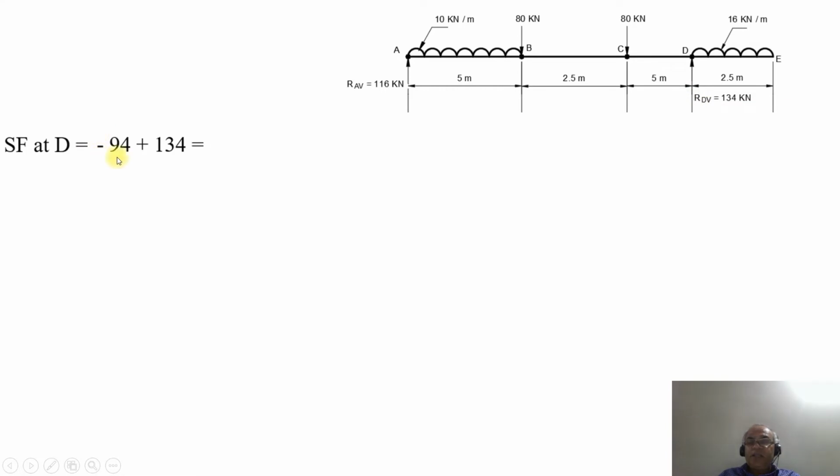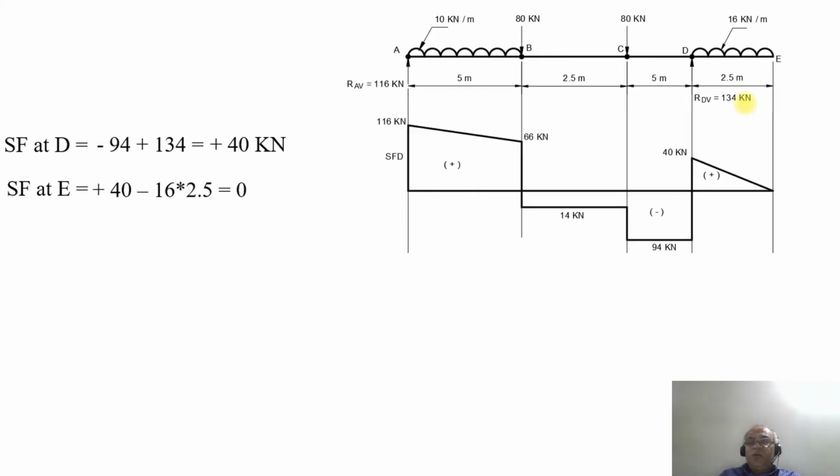Since the vertical reaction acts upwards, it becomes positive by sign convention. So minus 94 plus 134 kilonewton becomes plus 40 kilonewton. So SF at the point E will be equal to plus 40 minus 16 into 2.5, which becomes equal to 0.